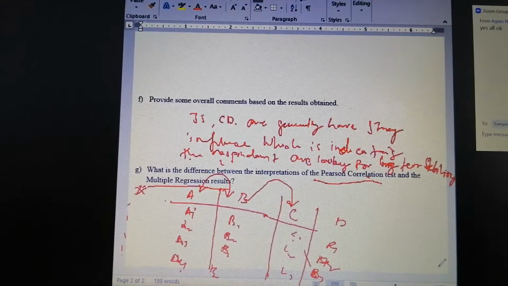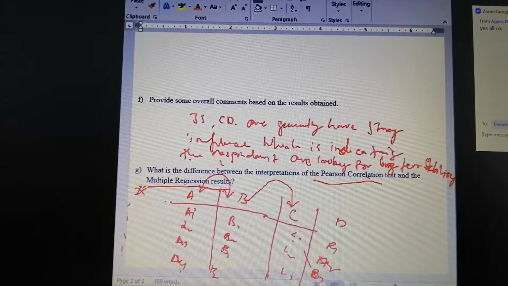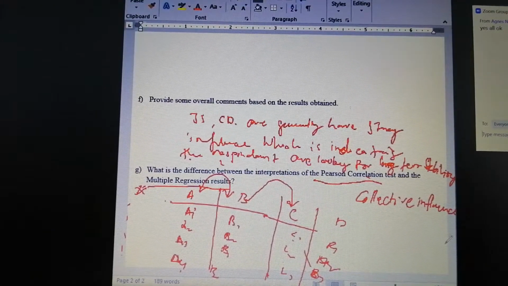Multiple regression is what they call a collective influence. Remember that: collective influence of each independent variable with the dependent variable. The dependent variable is y.